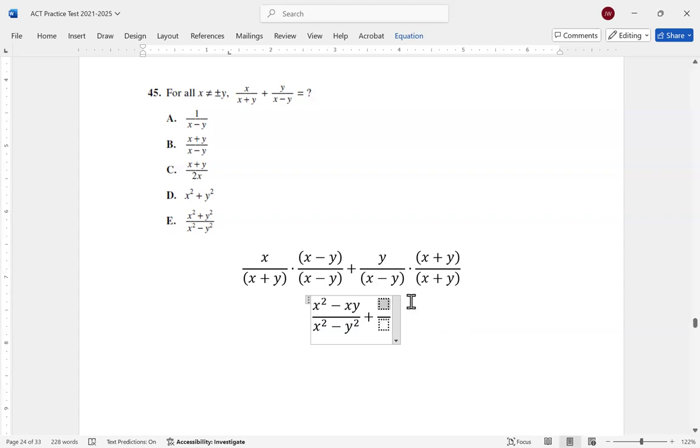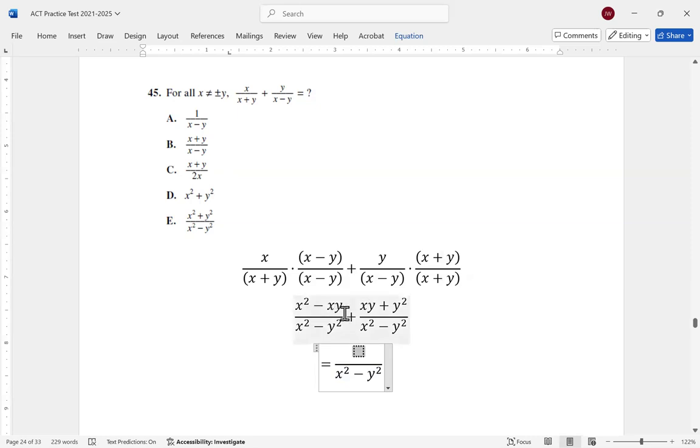And in the second fraction, y times x, same thing as x times y, plus y squared. And in the denominator, once again, you're just going to get x squared minus y squared. So when you combine those two fractions, since they have the same denominator, we can just add the numerators up.